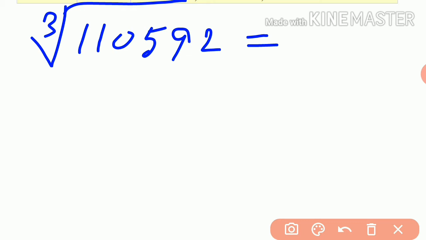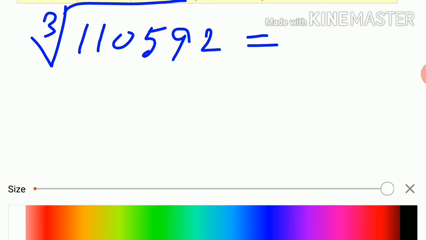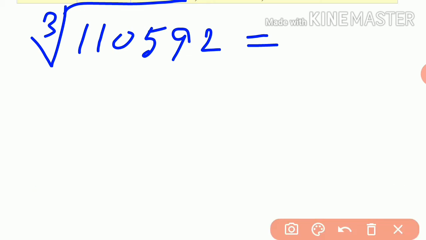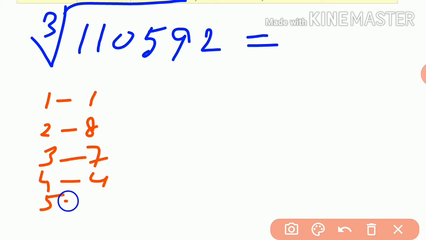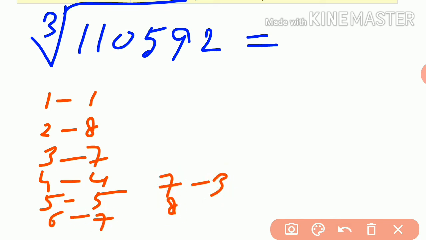So we know from the above table that 1 corresponds to 1, 2 to 8, 3 to 7, 4 to 4, 5 to 5, 6 to 6, similarly 7 to 3, 8 to 2, and 9 to 9.